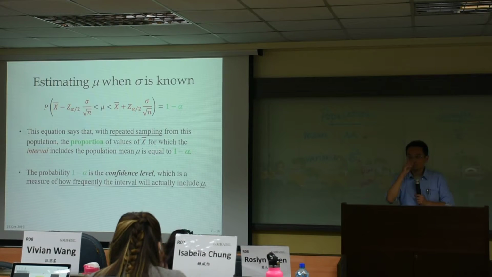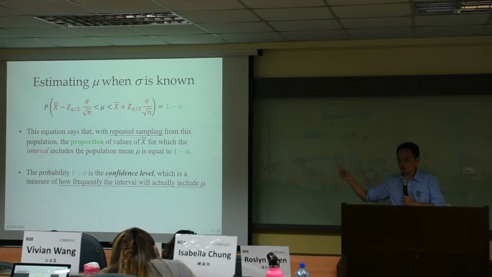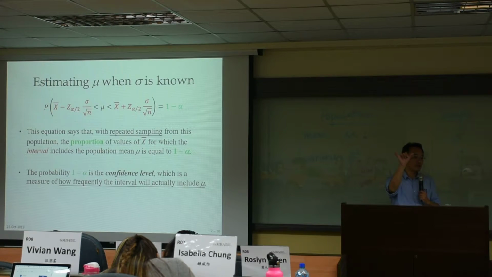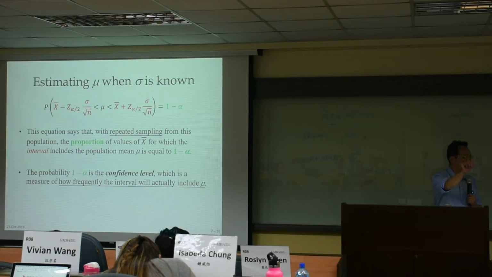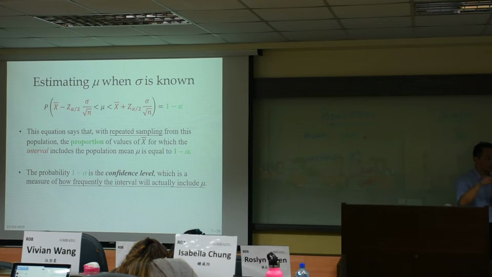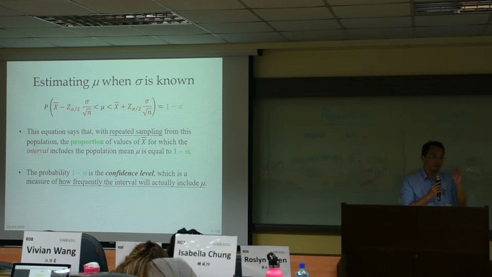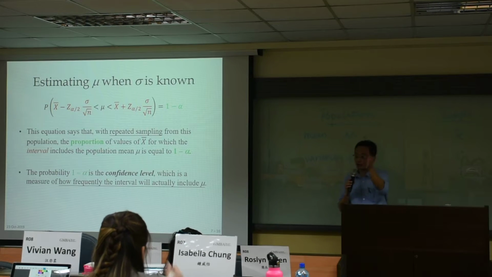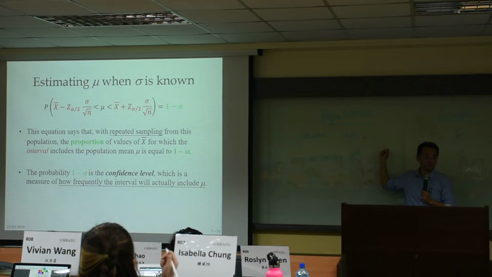So if we repeat the sampling process, we are confident that a certain proportion of such intervals will include this unknown but fixed mu.